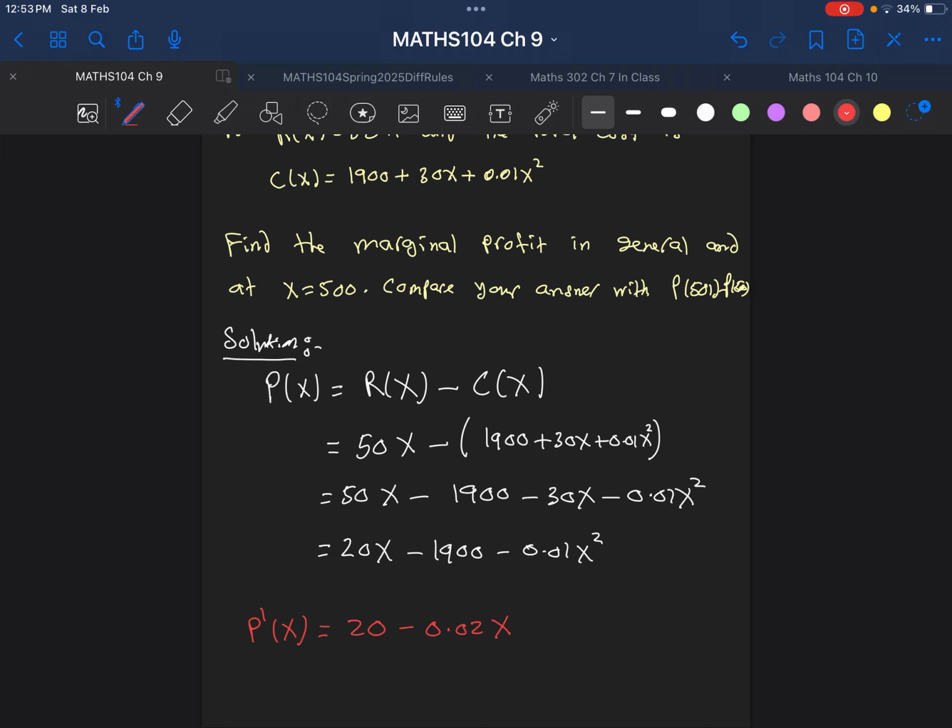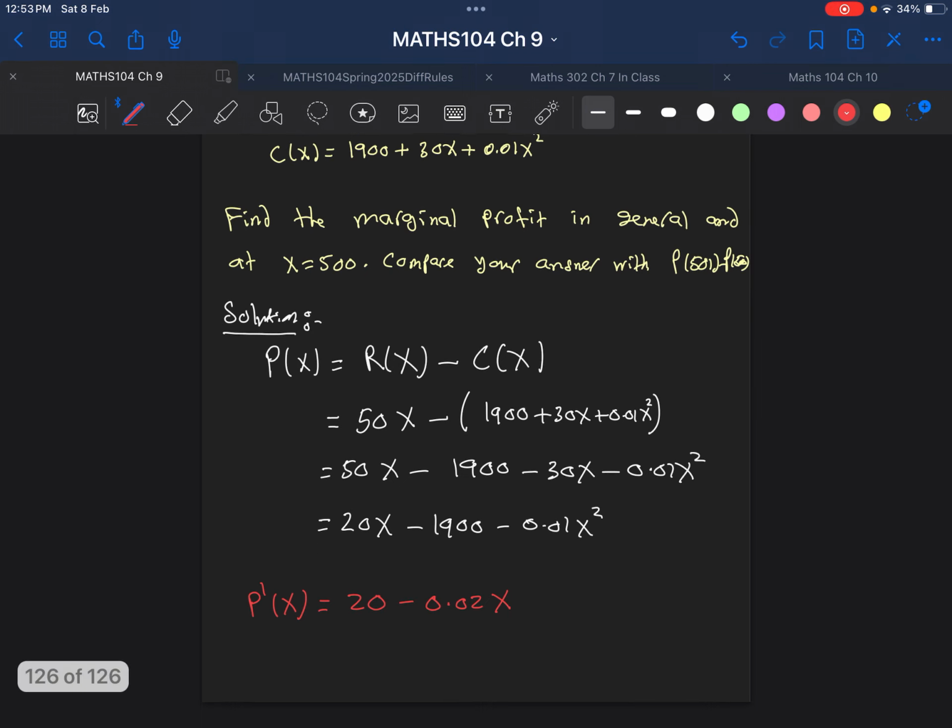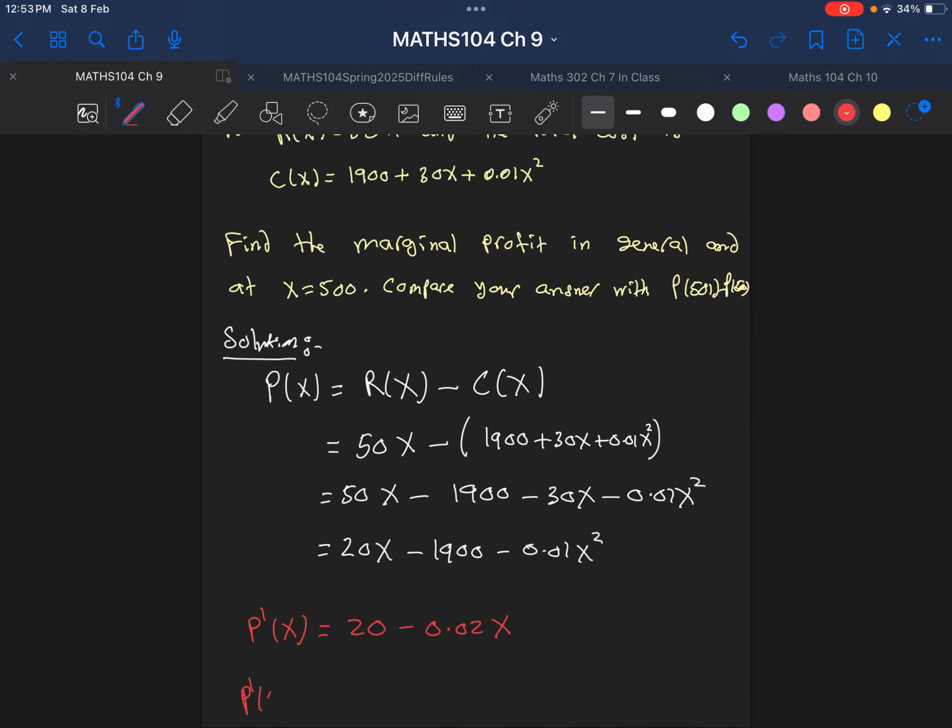Now, we need to find it at 500 and compare our answer with the difference between 501 and 500. So if we just find it at 500, we will get $20 per unit.